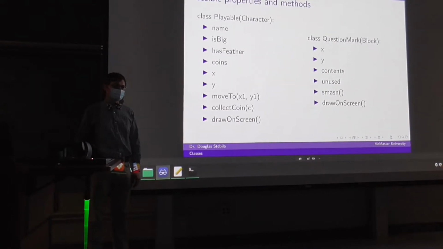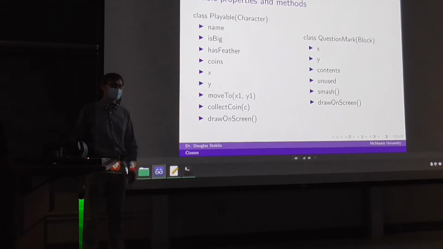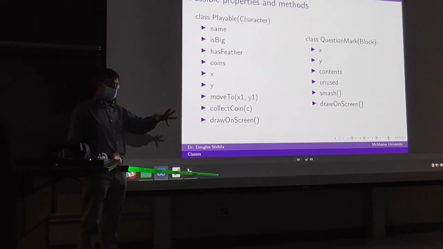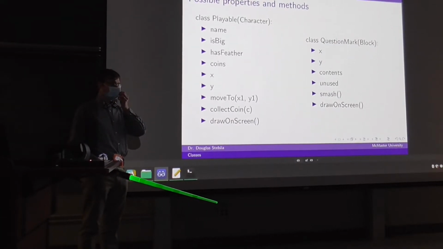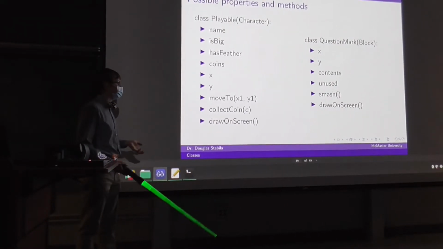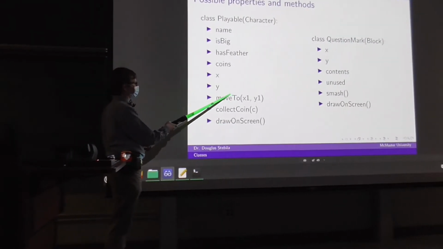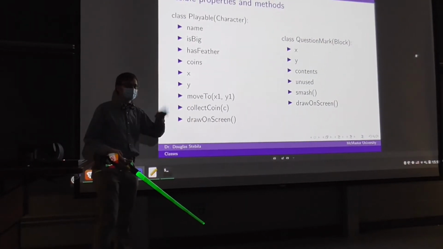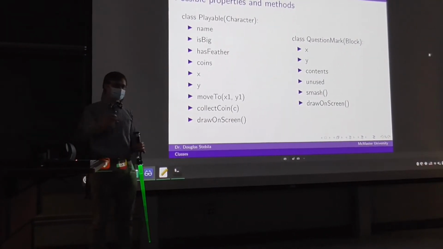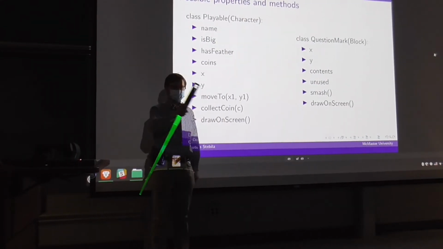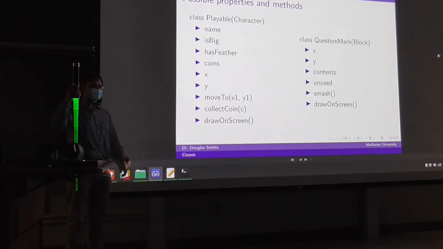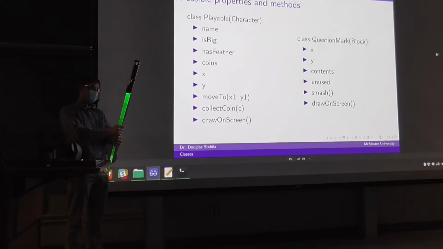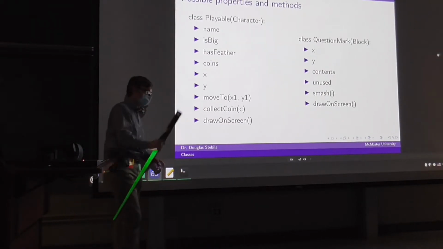Mario was one of the first platforming games to have momentum as a physical feature, which is why Super Mario Brothers was very popular at the time, because it turns out momentum is actually kind of fun. So move to X, Y. I mean, that's not how Mario would move, but how Mario moves is you read joystick position, and you add to his momentum a certain amount, depending on how depressed the joystick is in one direction.